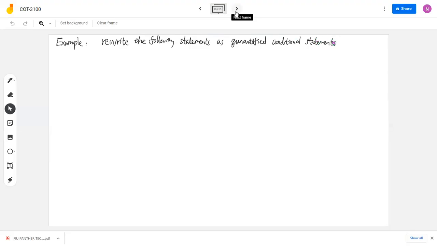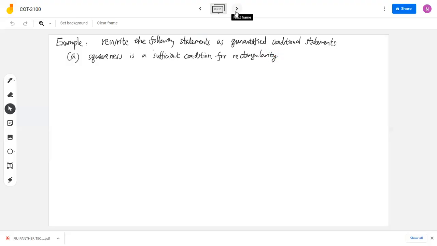The first one is: squareness is a sufficient condition for rectangularity, which is definitely true.